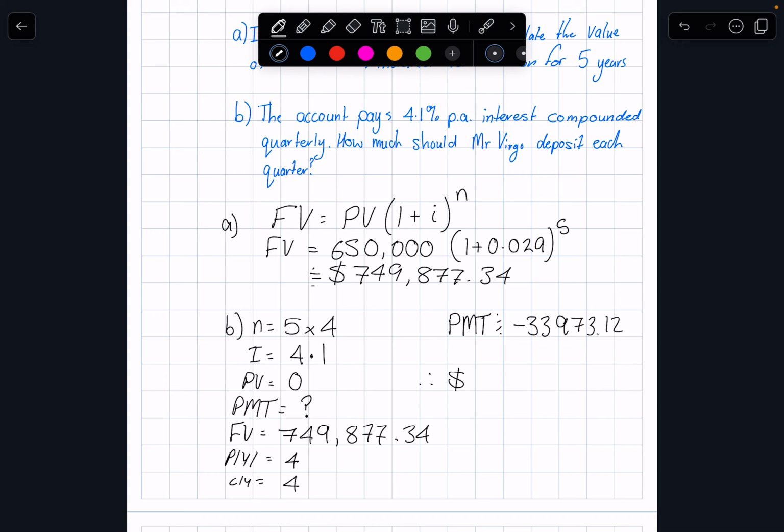Therefore, depositing approximately $33,973.12 per quarter, which is a lot of money per quarter to buy this house in cash. Often you won't buy a house in cash, so in this case it's a reasonable number. In real life, probably not.